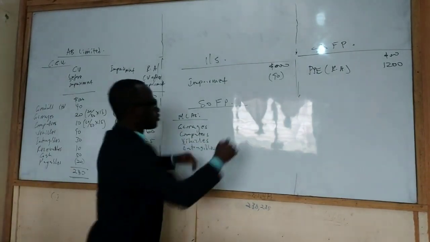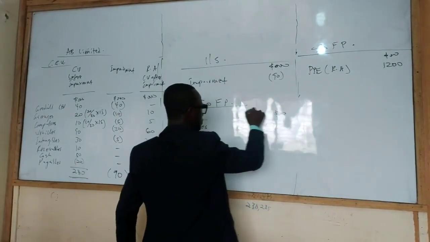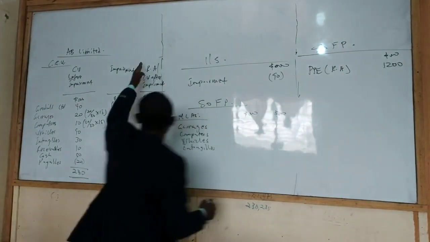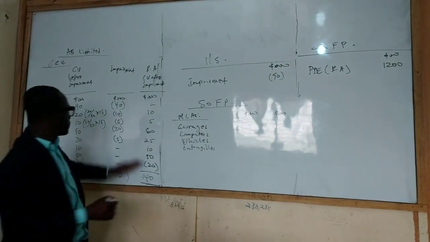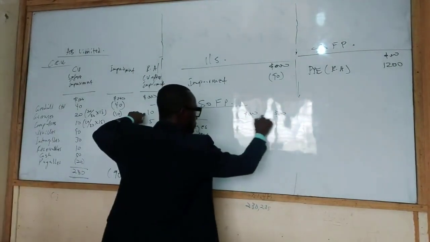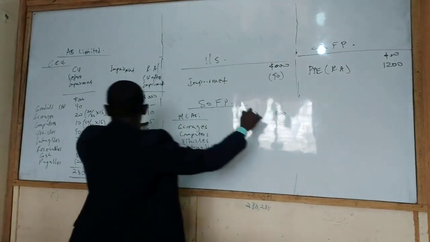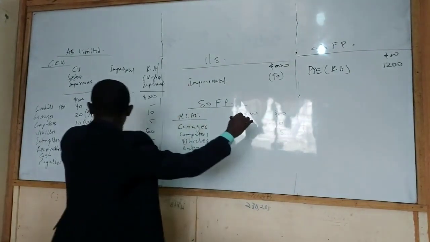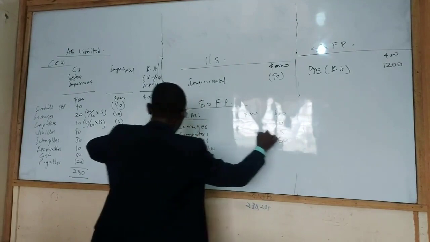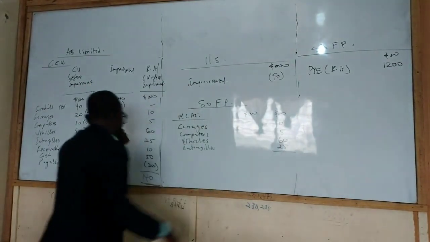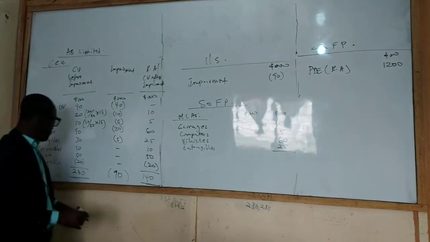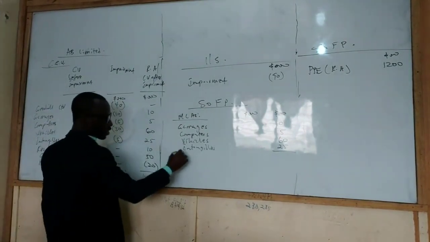So, 2 cash columns. So garages, the recoverable amount or the carrying value after impairment. So garages is now 10. Computers 5. Vehicles 60. Then the intangibles 25. Please add these 4 for me. Then we come to current assets.